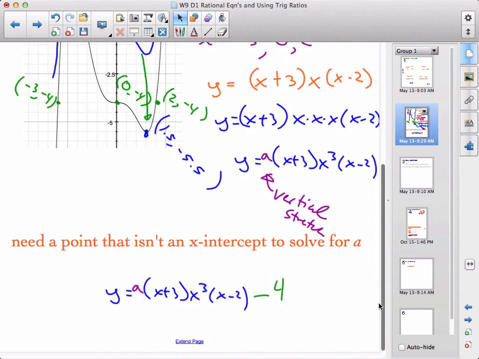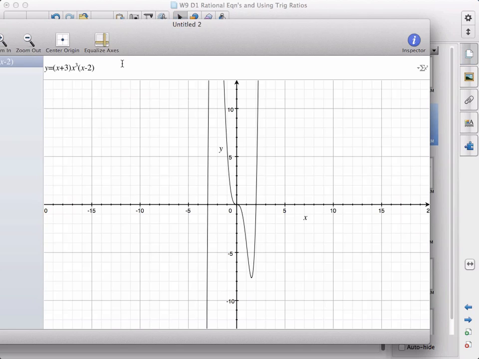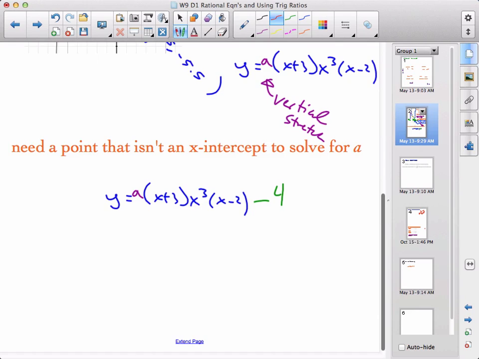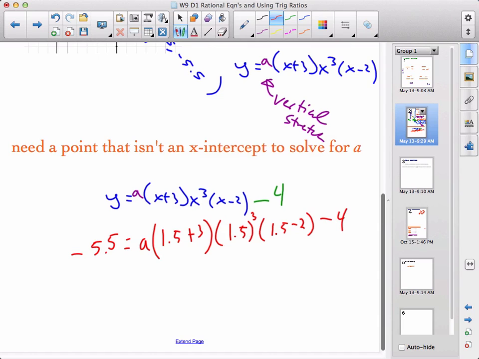So even if we look at that on this graph, on Grapher, we see that we're closer, but we need to change the vertical stretch, okay? So then Caitlin utilizes this estimate for a point, which is 1.5 and -5.5, and simply substitutes it in. -5.5 equals a times (-1.5 plus 3) times 1.5 cubed times (1.5 minus 2) minus 4, and then solve for a.